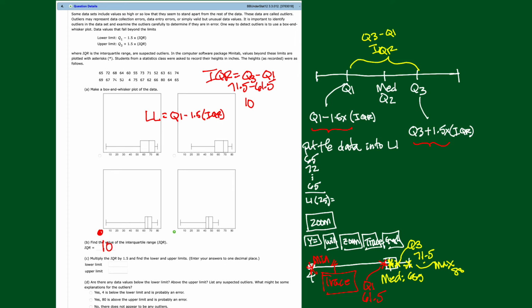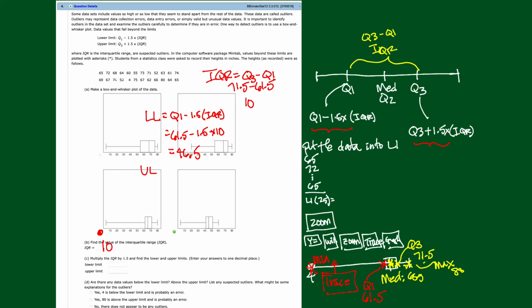Q1 was 61.5, minus 1.5 times the IQR, which is 10. If you did it straight on your calculator, type in 61.5 minus 1.5 times 10, and that comes out to 46.5.